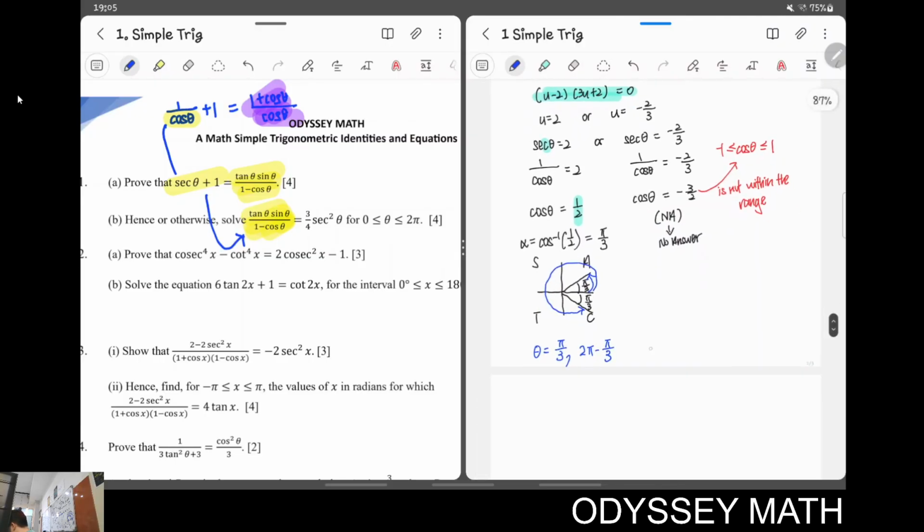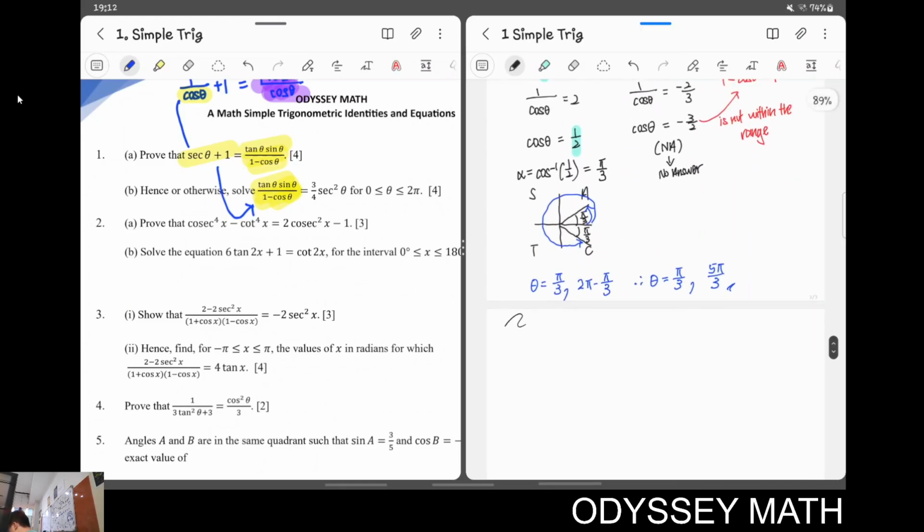So therefore, theta equals pi over 3, 5 pi over 3. And you can leave your answer like this. It is fine. So that is the answer for question number 1 over here.